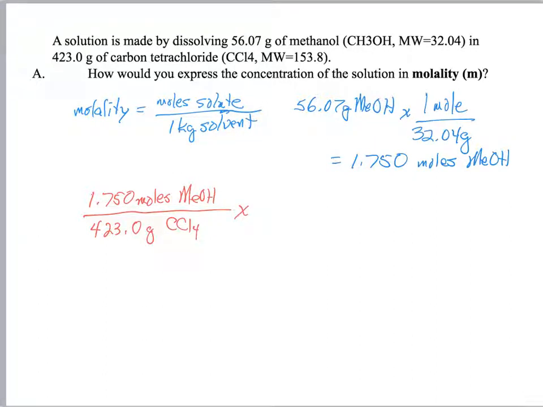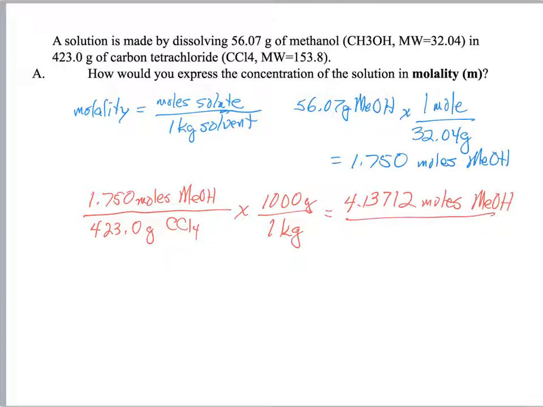We know that there are 1,000 grams in 1 kilogram. So that's going to equal 4.13712 moles of methanol per kilogram of carbon tetrachloride, right?